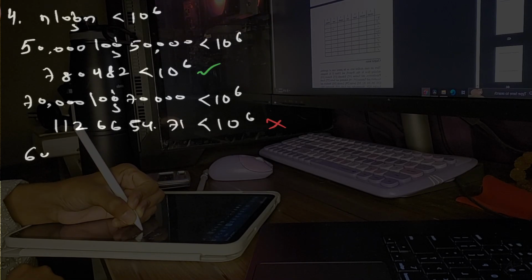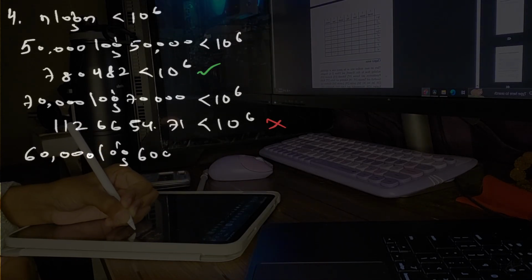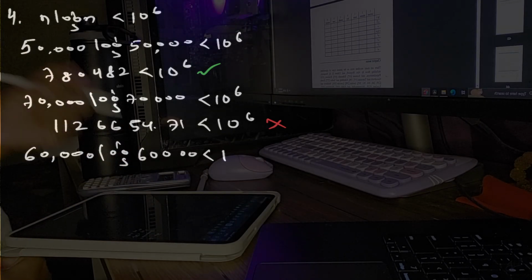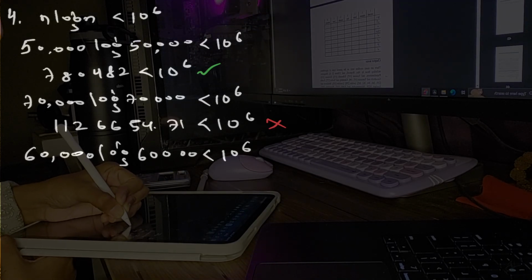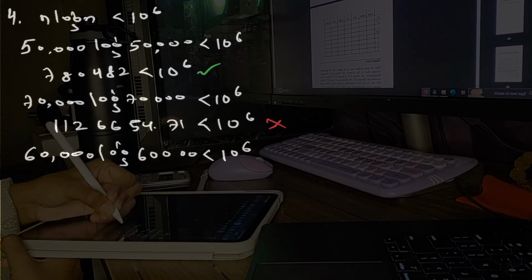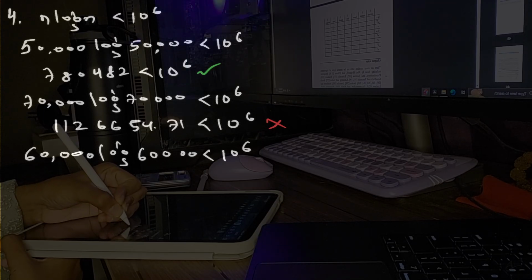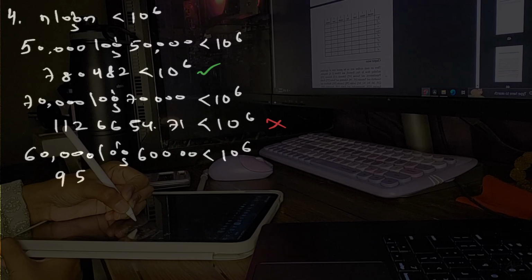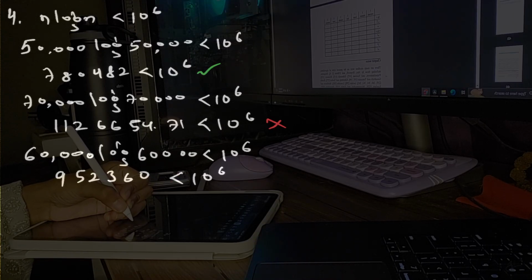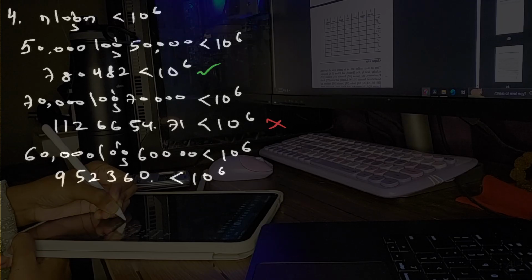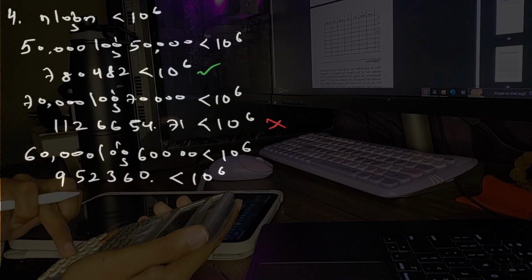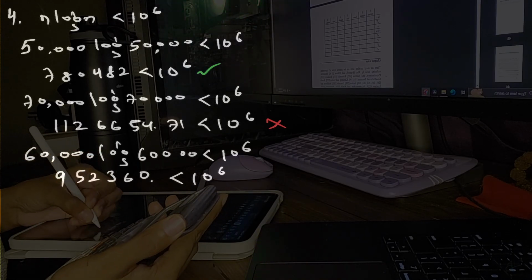So 60,000: log of 60,000 divided by log 2, multiplied by 60,000, is 95,236 and so on. Is it less than 10 to the power of 6? Yes, it is less than that.